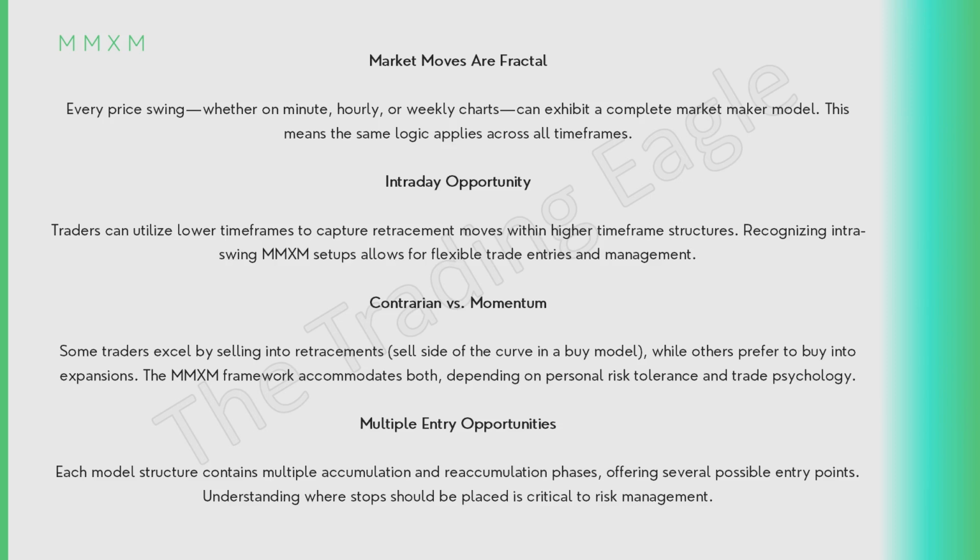So you recognize these swings, MMSM setups, which allow you to take trade entries and to manage your trades. Some traders excel by selling the retracement, which is the sell side of the curve in the buy model, while others prefer to buy the expansion.